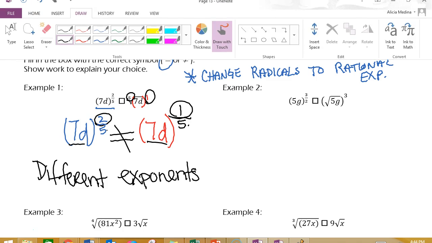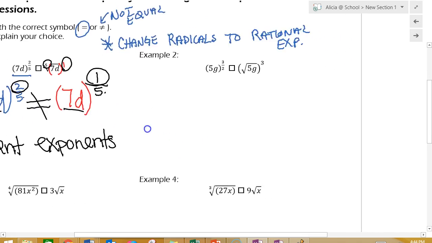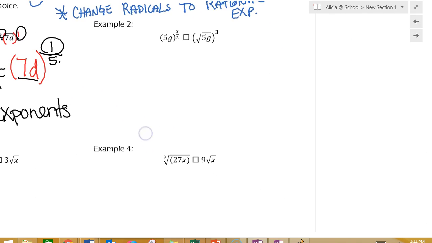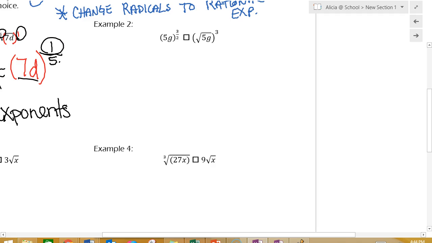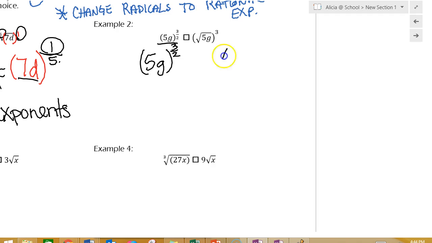Looking at the next example, I'm going to scroll over to example 2. Same thing, only changing the radicals to something that has a rational exponent. Again, the left side is going to stay, so I'm going to keep that as 5g raised to the 3/2. But the other side I am going to change. Notice it's already in parentheses there, so I know my 5g is going to stay the same.